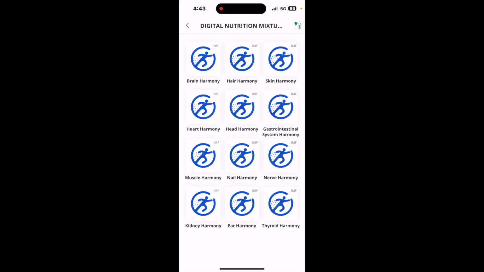Okay, now nutrition is very important, which I showed you just now. The nutrition that is needed is the vitamin B6, glutamine, serotonin, and all that. So you can use brain harmony nutrition.